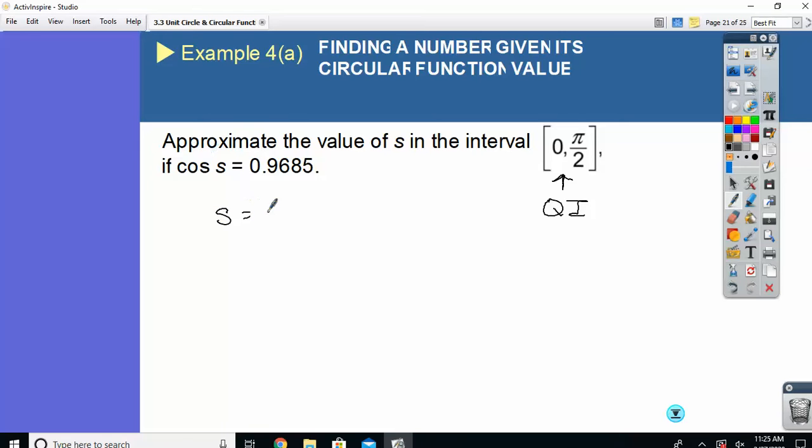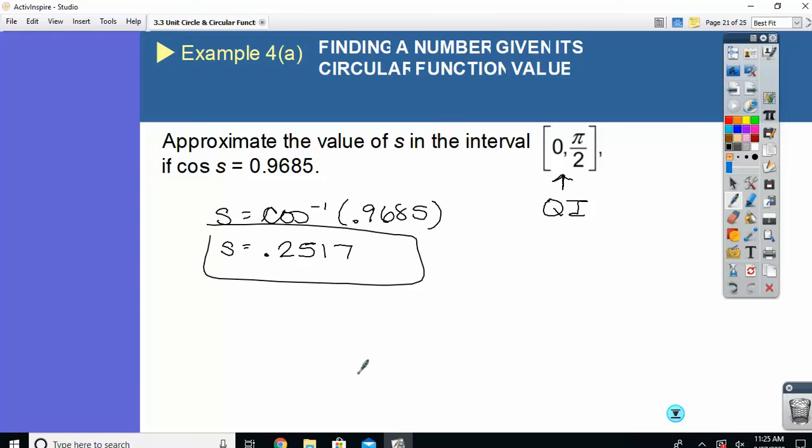To move that cosine to the other side, it becomes an inverse. So you are going to do second cosine, 0.9685. And I get approximately 0.2517. That doesn't have a pi in it, but that's okay.